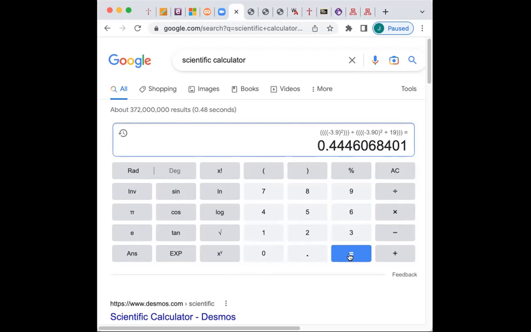Is that right? Oh, I forgot to do minus 1. That's not right. It would be 3.90 to the second power, minus 1, divided by negative 3.90 to the second power, plus 19, equals 0.41.